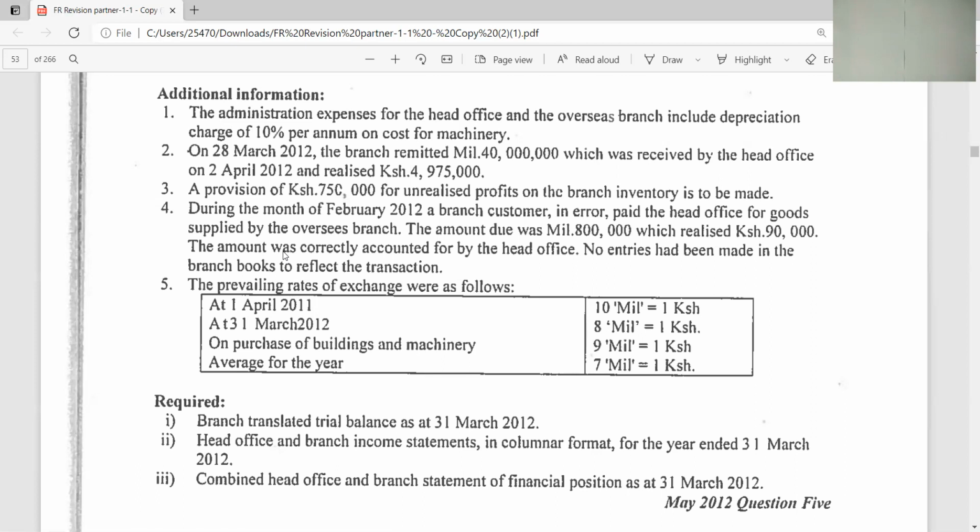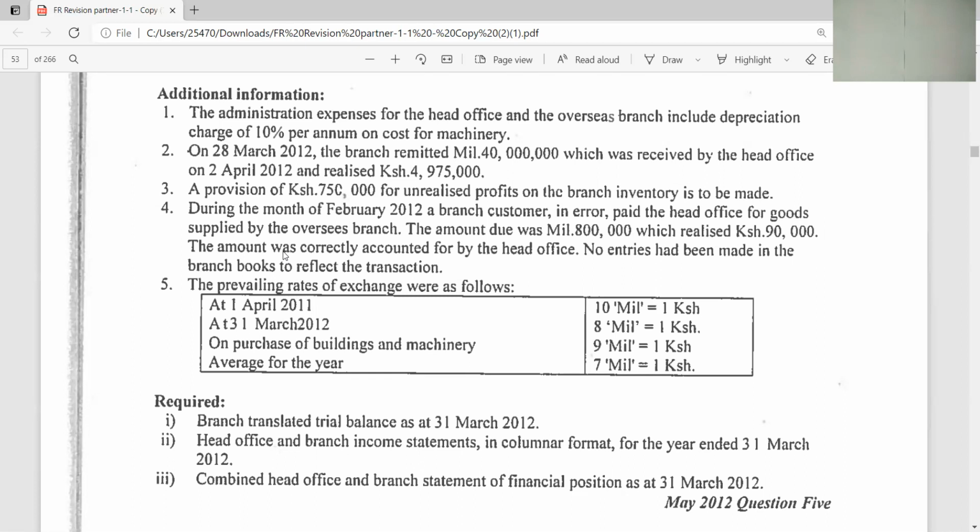So the amount was correctly accounted by the head office, which is fine, but no entries have been made in the branch books to reflect the transaction, which means that we have to make the relevant adjustment. Then the prevailing rates of exchange were as follows.